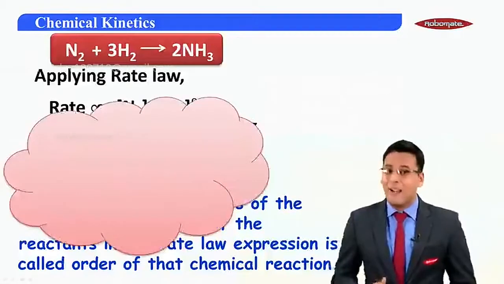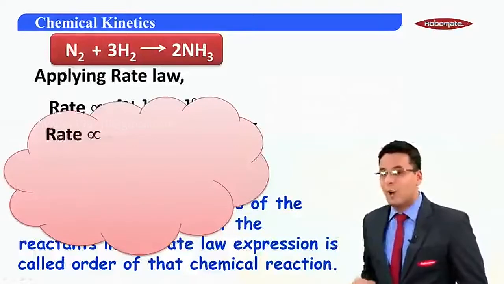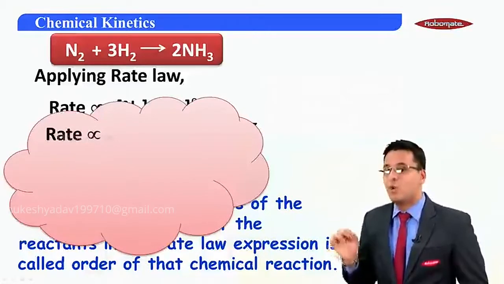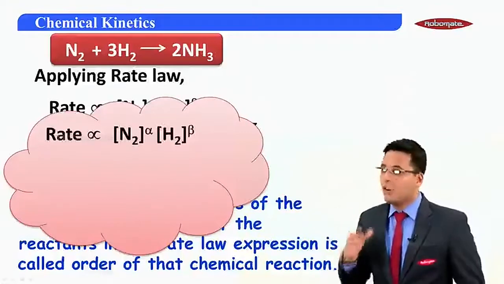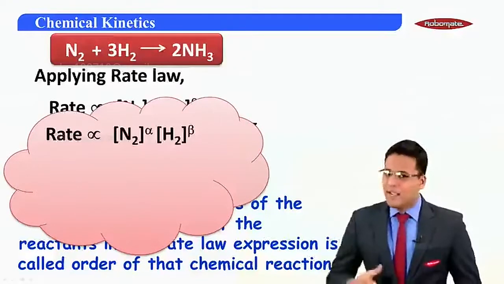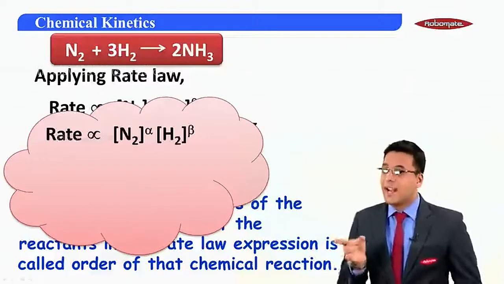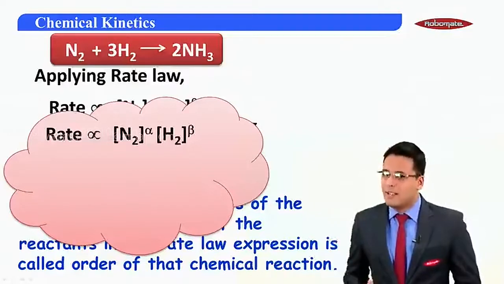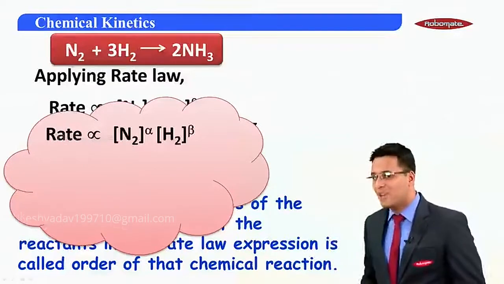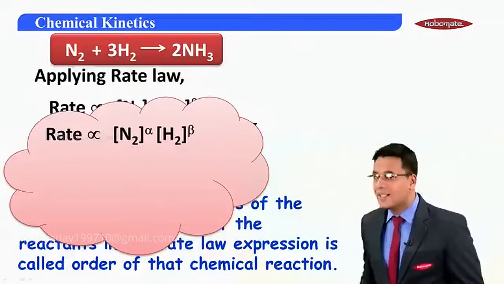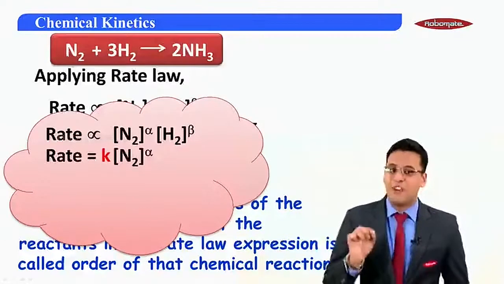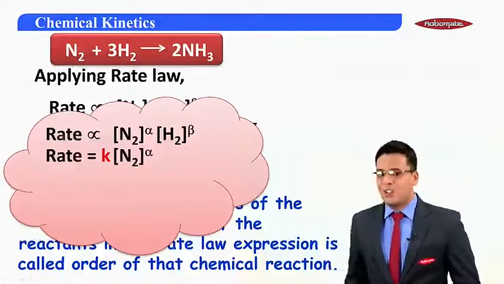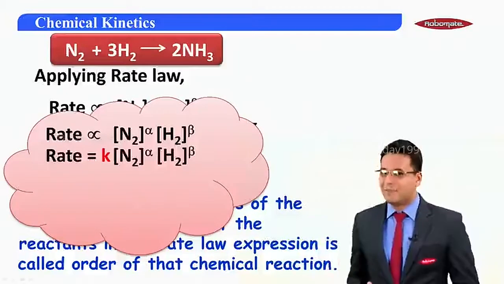Now here I want you to consider this rate law, that is rate is proportional to concentration of N2 raised to alpha into concentration of H2 raised to beta. If you consider this expression, it can also be written by removing the proportionality sign, which means rate is equal to K into concentration of N2 raised to alpha into concentration of H2 raised to beta.